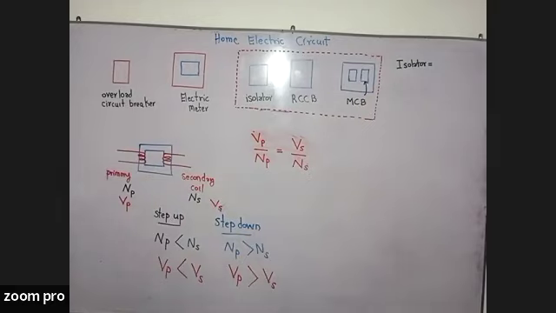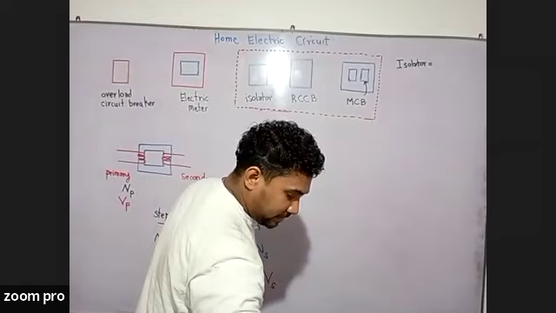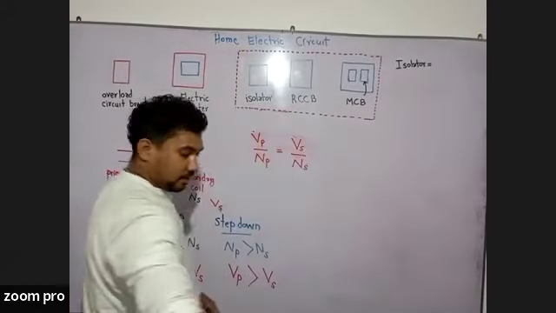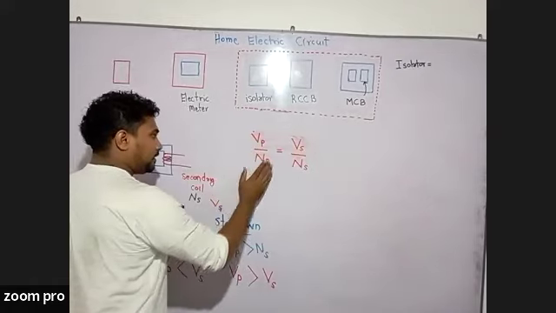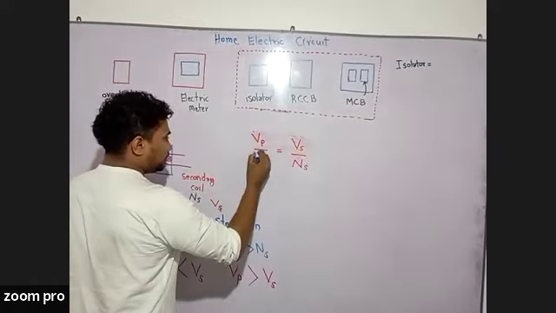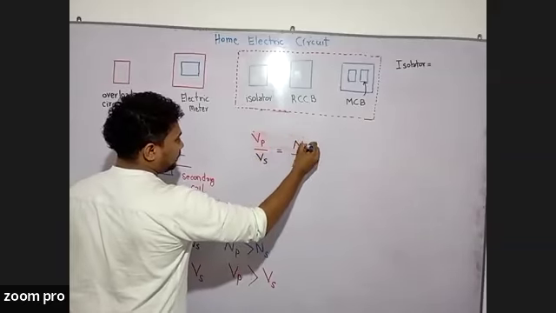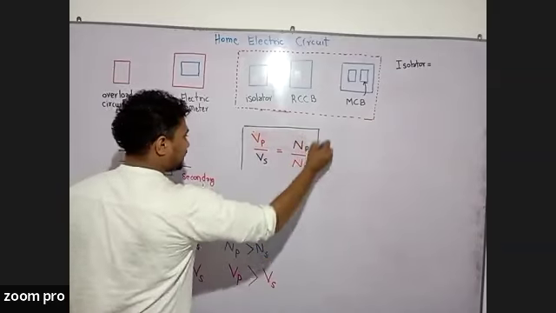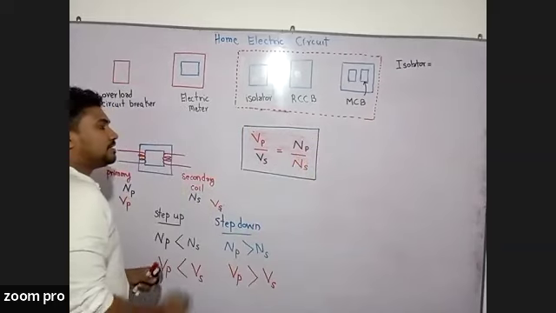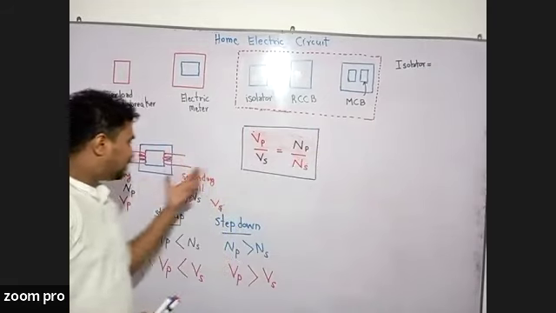Likewise, this equation can be written as a ratio between VP over VS equal to NP over NS. So there are certain ways that we can write this equation. This is the first equation that you need to know regarding transformers.